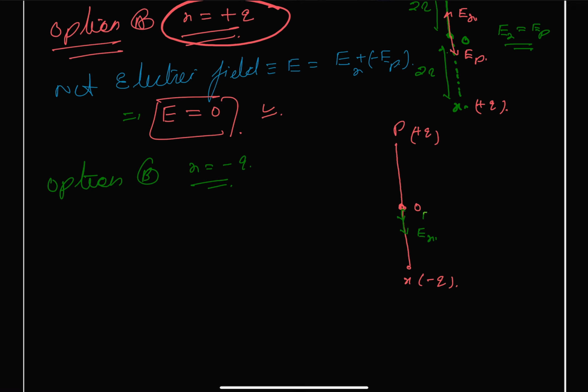In this case the direction of EP as well as EX is same. Okay, direction of EP and EX is same, and the magnitude will be still same because distance is a 2r. This is about 2r and this is also over 2r. So we can say our EP is equal to our EX.